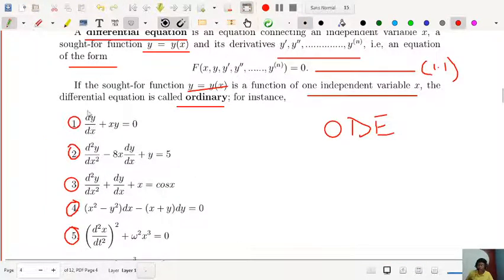In equation 1, what is the highest order derivative involved? You see only a first order derivative is involved, so this is a first order differential equation. Let me write here, first order.